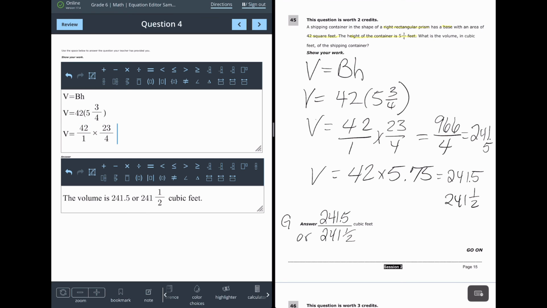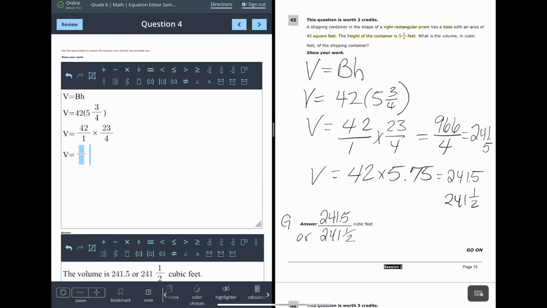So you can do that and do volume is equal to, and I got to do another fraction to make this a little bigger. Those three little lines on the right side, that's what you drag down to make it bigger. So I get 966 over 4, and then volume is equal to 241.5. Or do you want to just type it in?